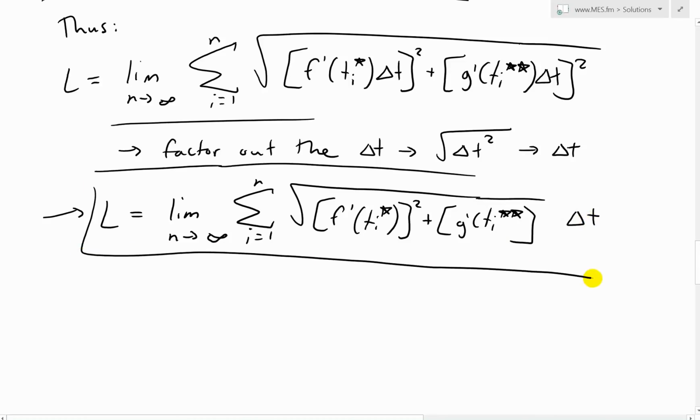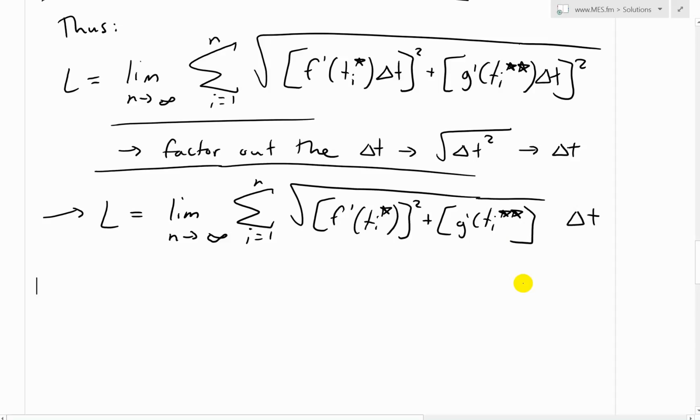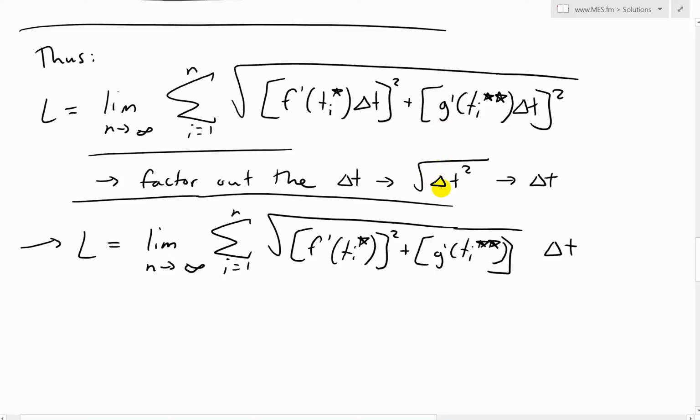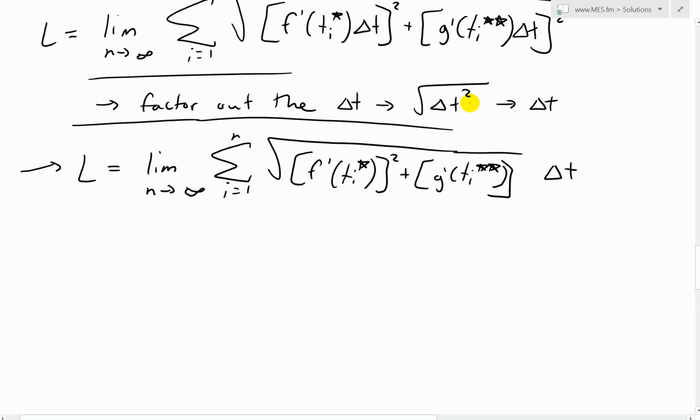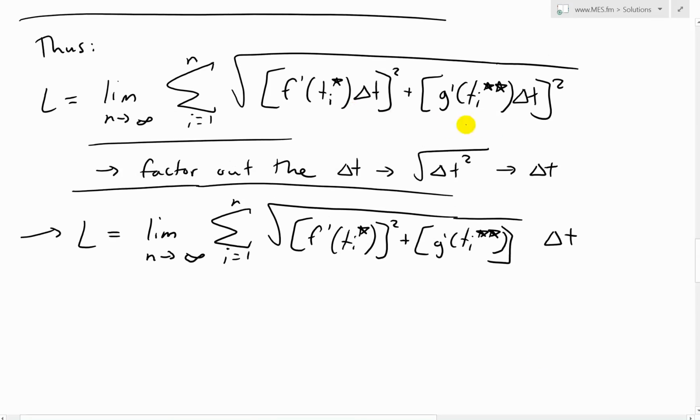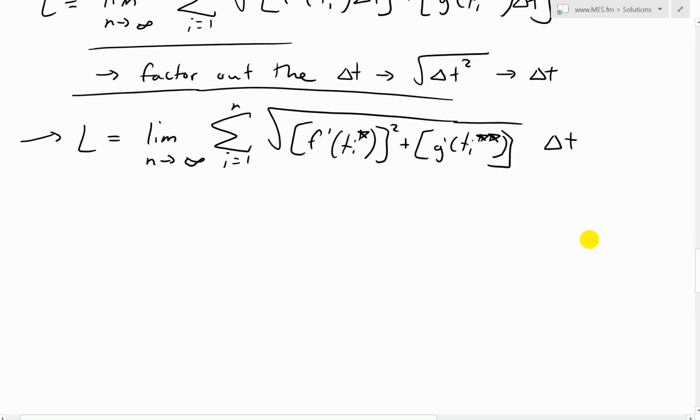So there is our length written as a summation. I'll put the missing bracket there. We could just factor out this delta t squared because there's a square root, so it cancels. They both have it in the same terms, so just move it up.